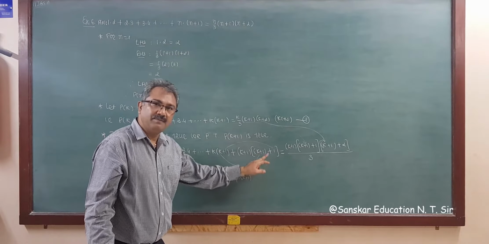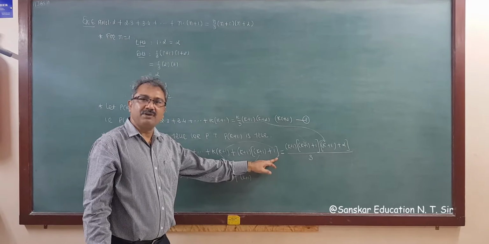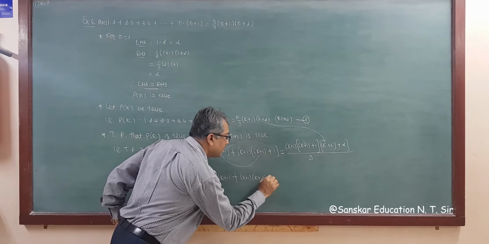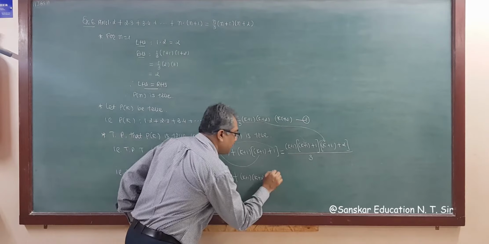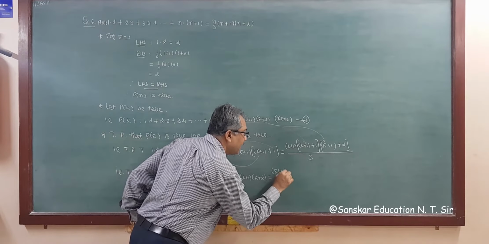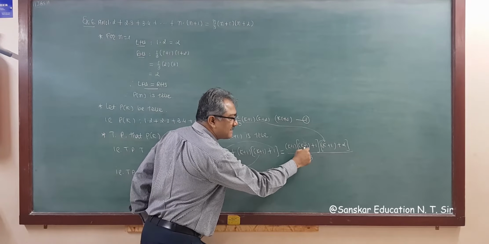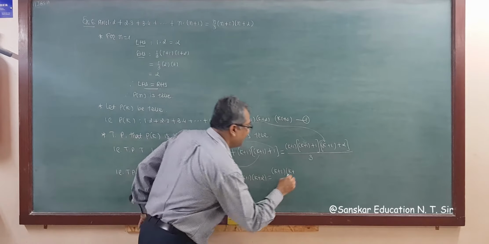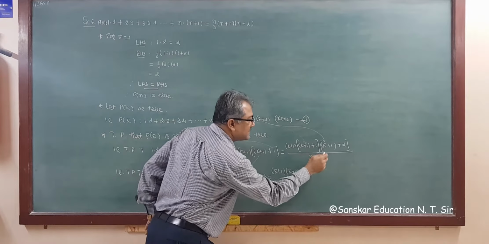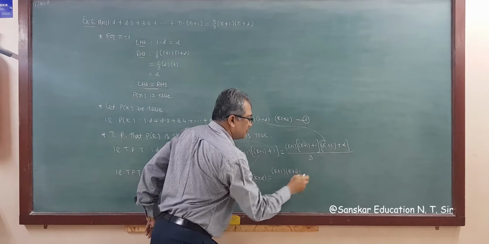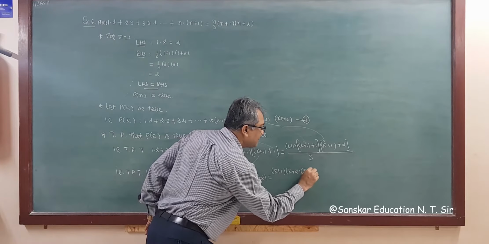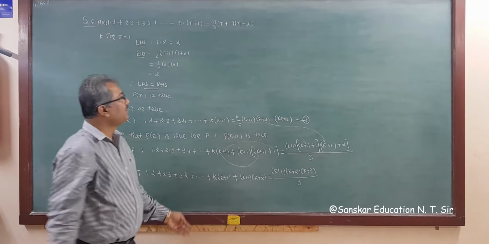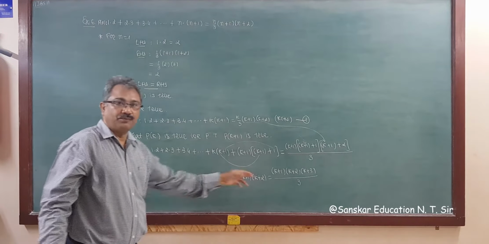K plus 1 plus 1, that is k plus 2. This is again k plus 1 plus 1, that means k plus 2. And this is k plus 1 plus 2, so this becomes k plus 3, divided by 3. So now this is your target to prove.